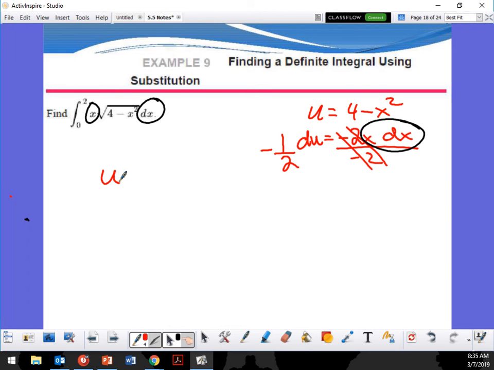Say 1/2. Okay, so u to the 1/2 times negative 1 over 2 du, and right here my integral. Okay, so let's see what this is going to be. My lower bound. If these are for my x's, where should I plug it into my substitution?